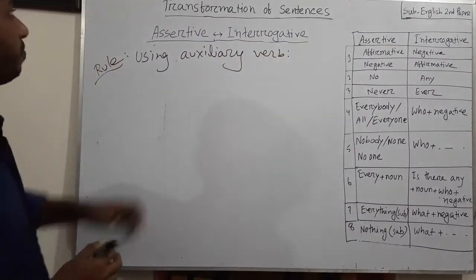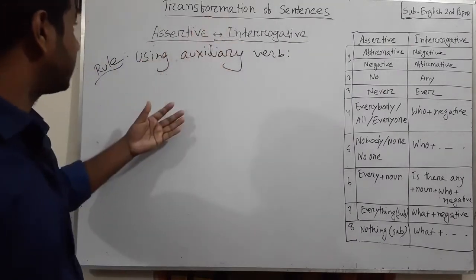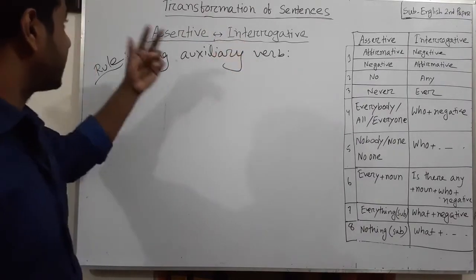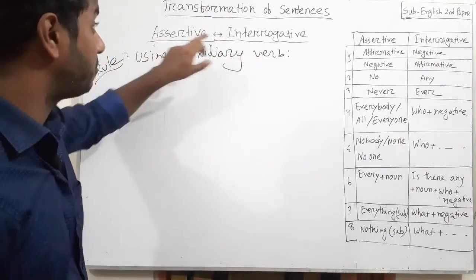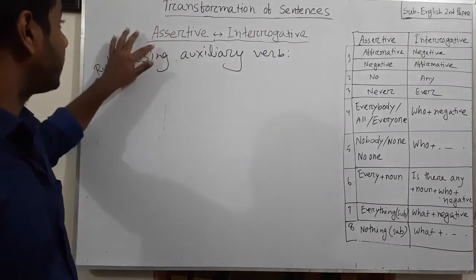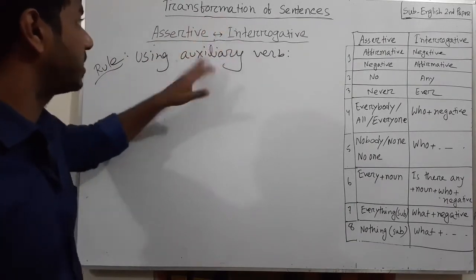As I have discussed the definition, assertive sentence starts with subject and interrogative sentence starts with auxiliary verb or WH word. So first rule, I have to make an assertive sentence into interrogative sentence by using auxiliary verb.